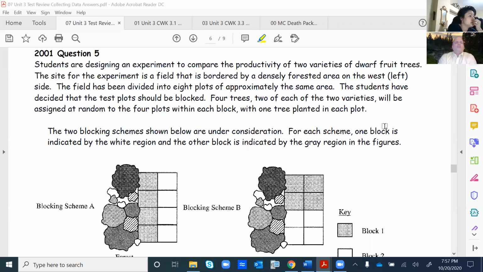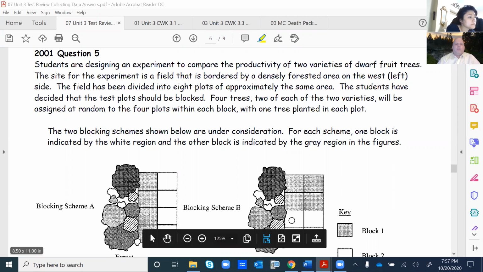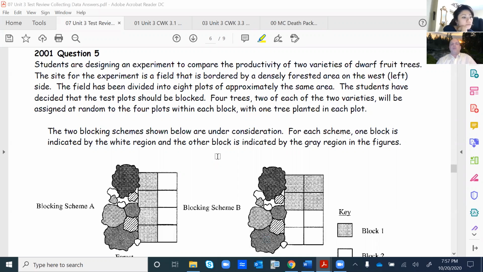Students are designing an experiment to compare the productivity of two varieties of dwarf fruit trees. The site for the experiment is a field that is bordered by a densely forested area on the west, or left side. So we see that right here, we have the forest here, and here's another blocking scheme. The field has been divided into 8 plots of approximately the same area.